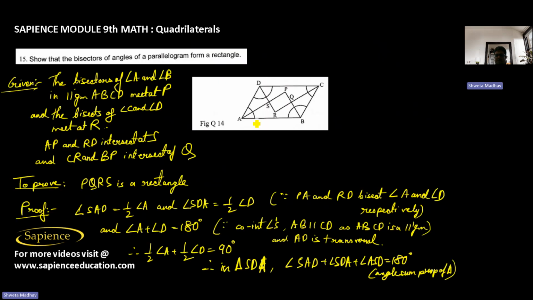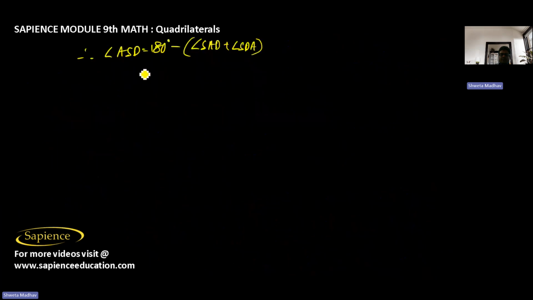Now half of angle A plus half of angle D is 90, so angle SAD plus angle SDA is 90 degrees. This implies that angle ASD is equal to 180 minus 90, that is 90 degrees.